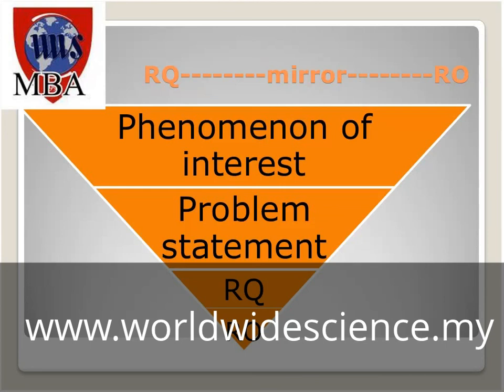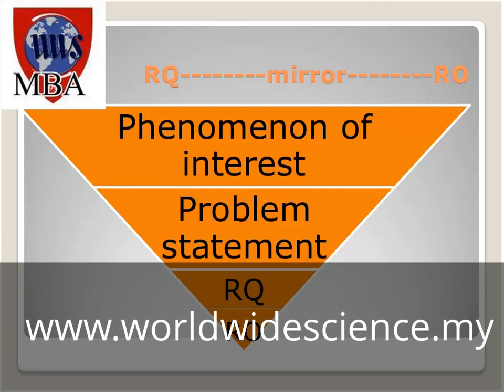Alright, now finally, I want to give you a premise about chapter 1, including the phenomenon of interest, problem statement, RQ, and RO. The phenomenon of interest is very wide.